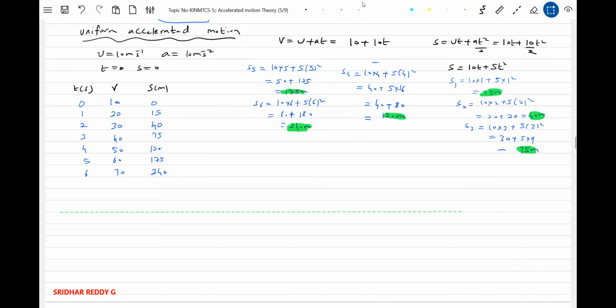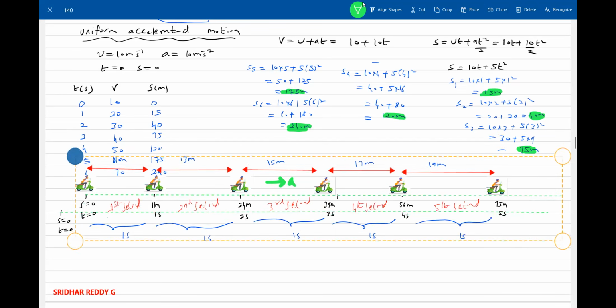All the calculations, what all we did is this one. S equal to 0, it will be here. T equal to, the same thing earlier what I did. Once again, I'm bringing it so that the scooter will start with initial velocity.